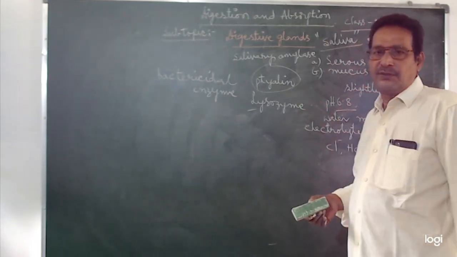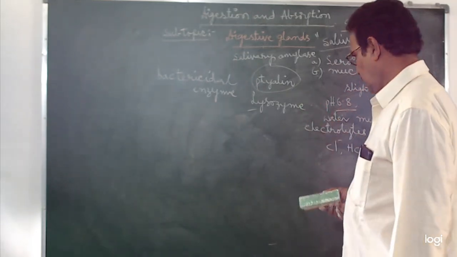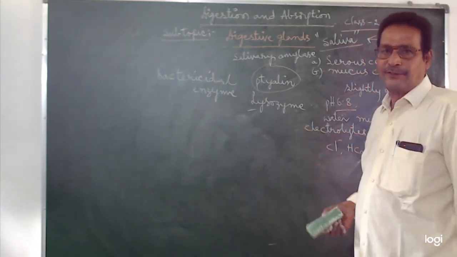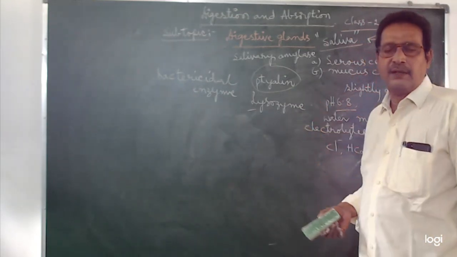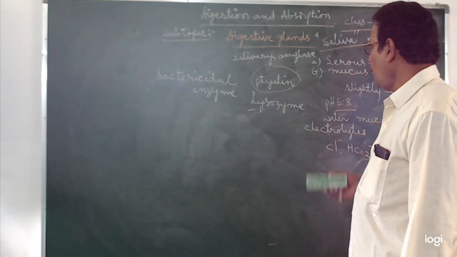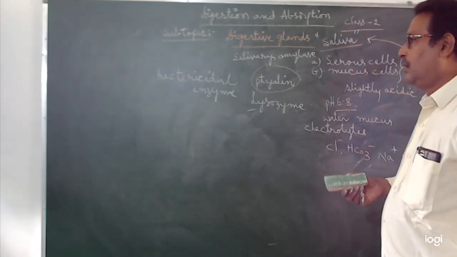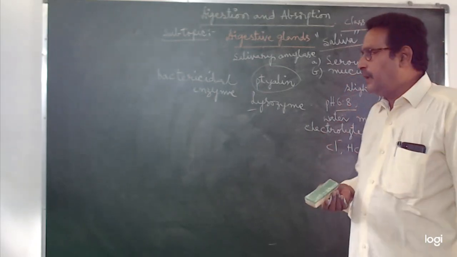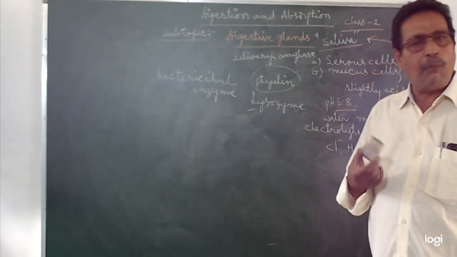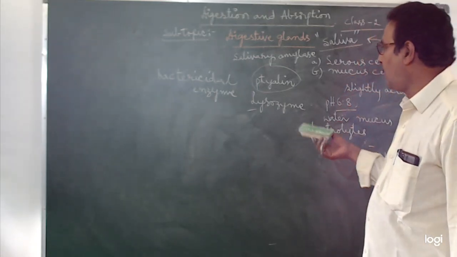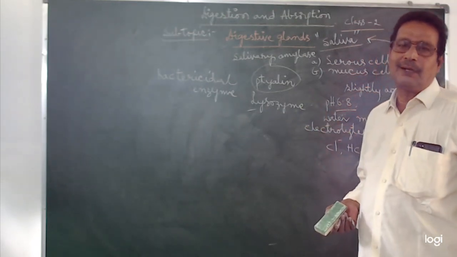One enzyme is ptyalin, the second one is lysozyme. Ptyalin is a salivary amylase which can act on polysaccharides and they will be converted into disaccharides such as maltose by the action of salivary amylase.